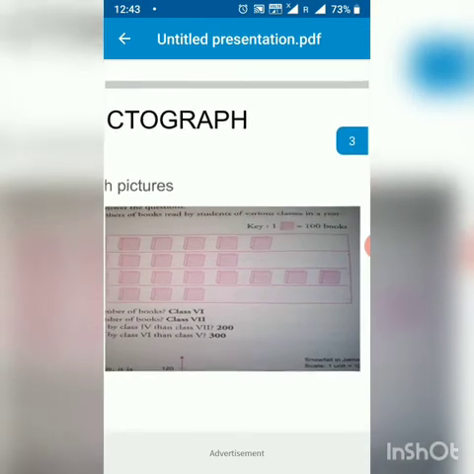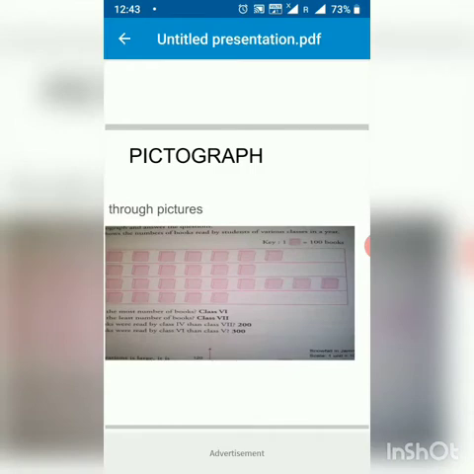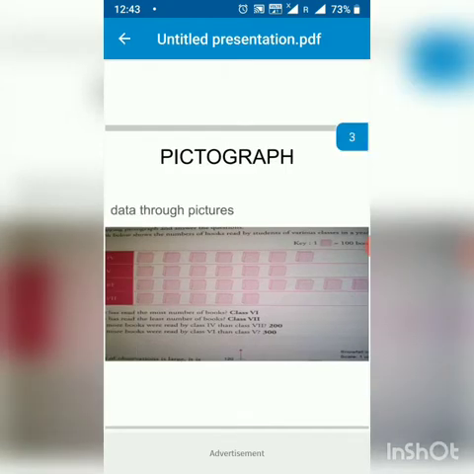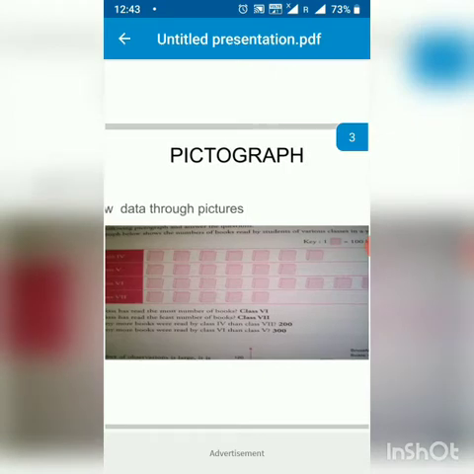It means 900. So here 900 books are read. Also, if I ask what is the difference in the number of books read by class 4 and class 5, that also you can answer. So from this data we can answer so many things. This is known as pictograph, the method of pictograph.